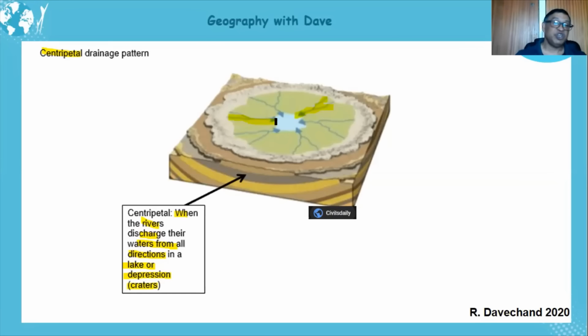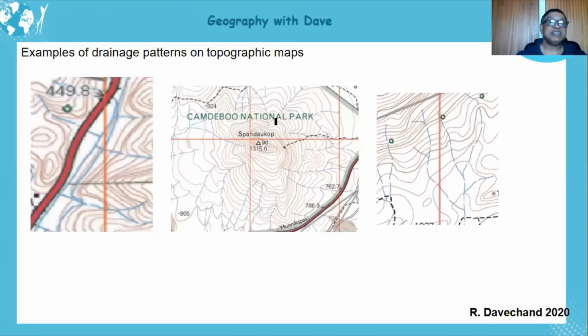Okay, so you've got your drainage patterns. Some examples. Can you see this river flowing straight, right? And the tributaries are joining at right angles. Obviously, trellis pattern. There's a domal shape here, and the rivers are flowing away from it.